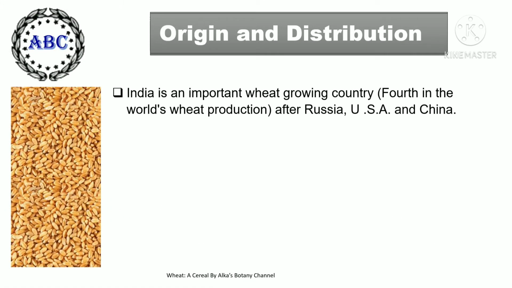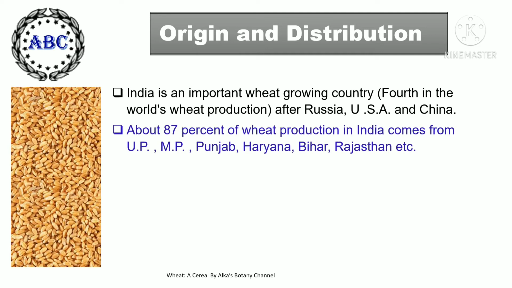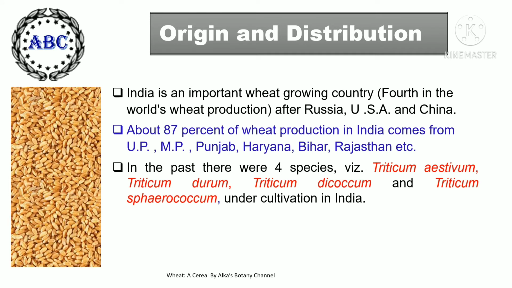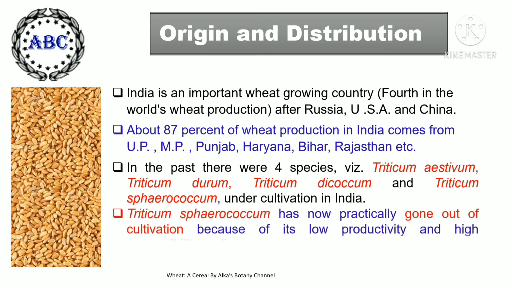Regional distribution shows that India is an important wheat growing country, fourth in the world's wheat production after Russia, USA, and China. About 87% of wheat production in India comes from Uttar Pradesh, Madhya Pradesh, Punjab, Haryana, Bihar, Rajasthan, etc. In the past, there were 4 species under cultivation in India: Triticum aestivum, Triticum durum, Triticum dicoccum, and Triticum sphaerococcum.